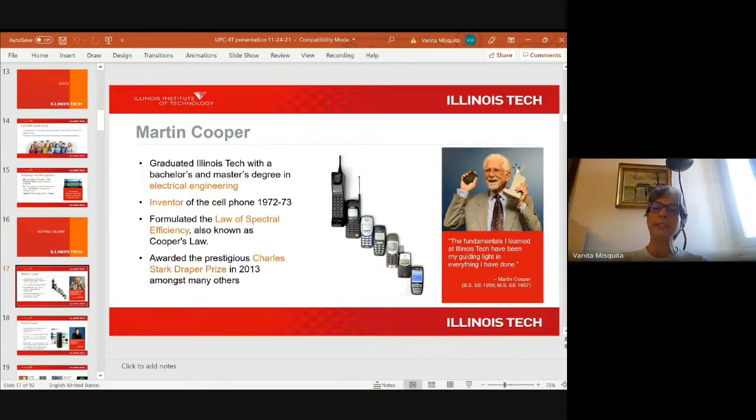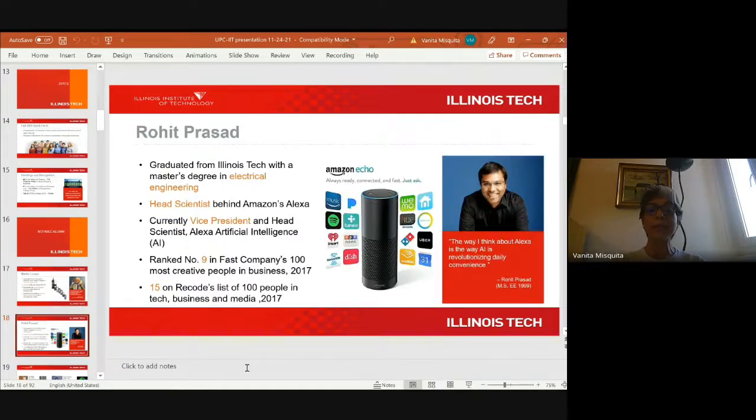The first cell phone weighed over a kilo, and it was around 72, 73 when he invented it. For those of you who use Alexa, again, that's an Illinois Tech student who graduated in 1999. His name is Rohit Prasad. He was the head scientist behind the creation of Amazon's Alexa.